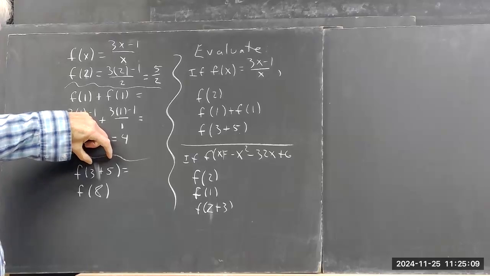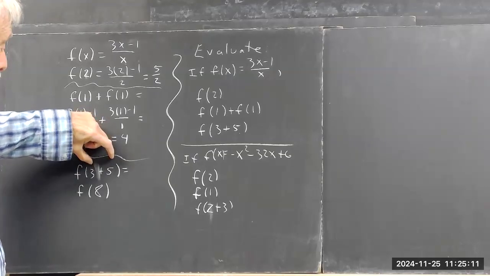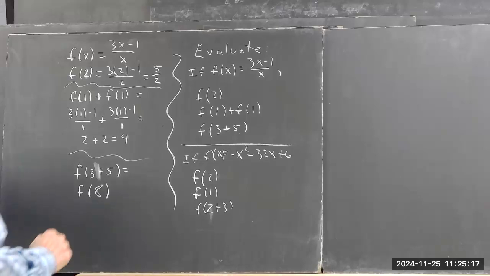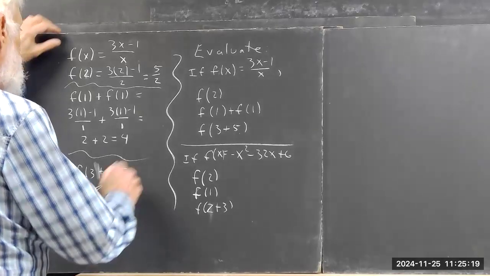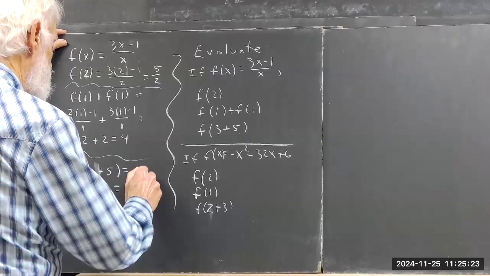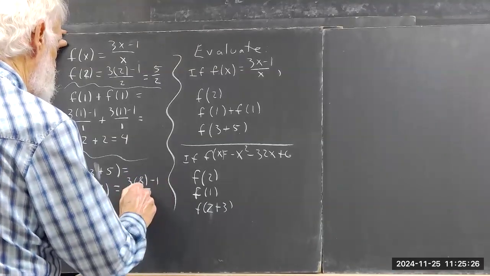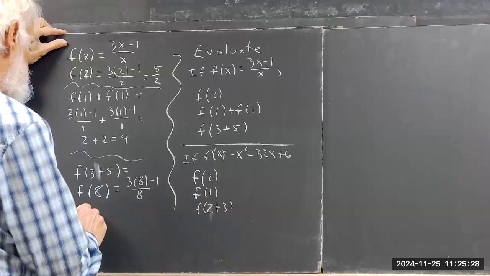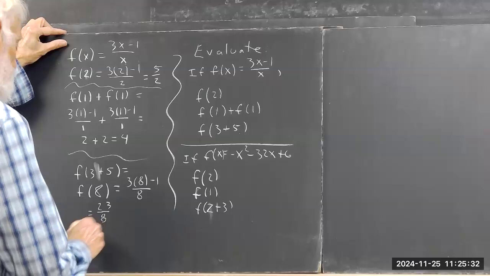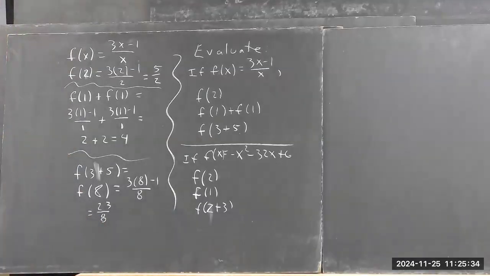It's also 12 minus 4. It's a lot of things, but it really is most simply just 8. Now it's f of 8, and we know the pattern for this function. We get 23 over 8.